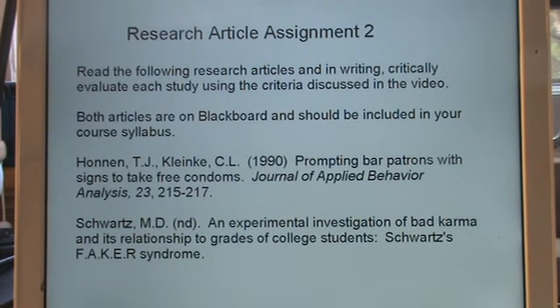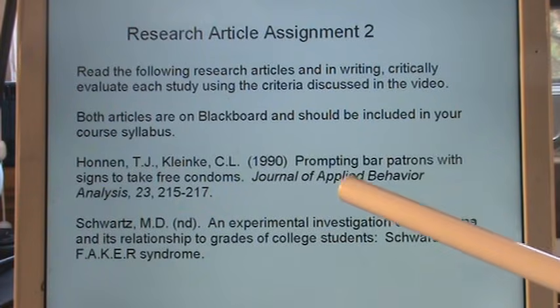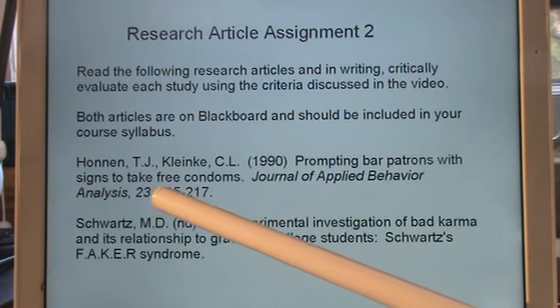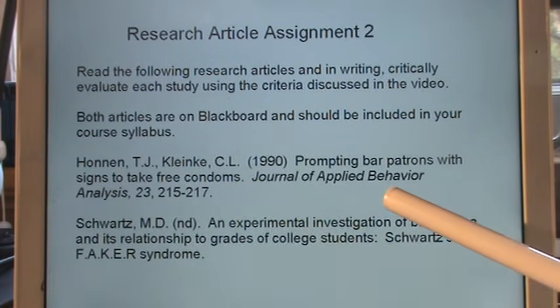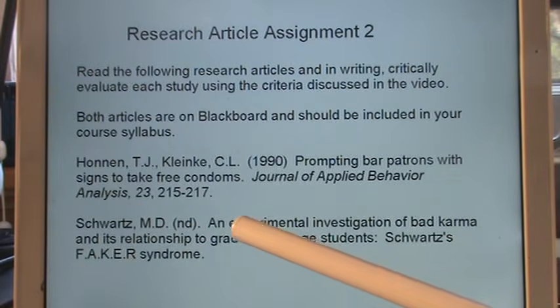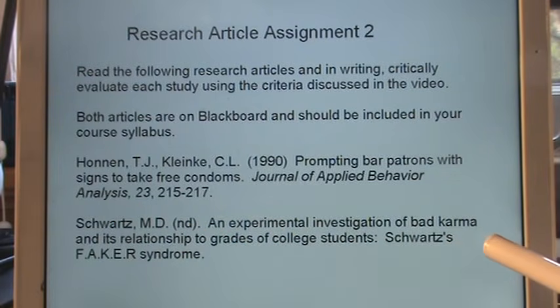They are: Prompting Bar Patrons with Signs to Take Free Condoms, from the Journal of Applied Behavior Analysis, and An Experimental Investigation of Bad Karma and Its Relationships to Grades of College Students, Schwartz's Faker Syndrome. Read those articles and evaluate them with the criteria that we presented in the video, and thank you very much for your attention.